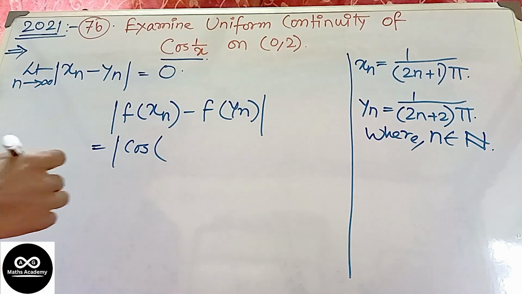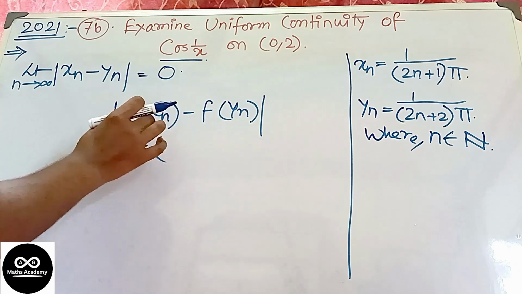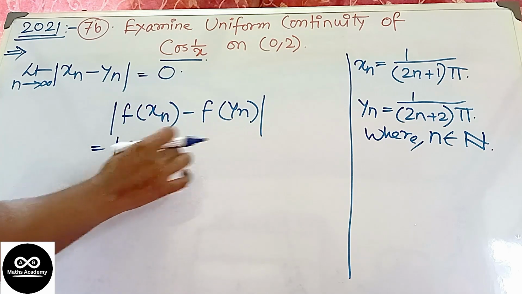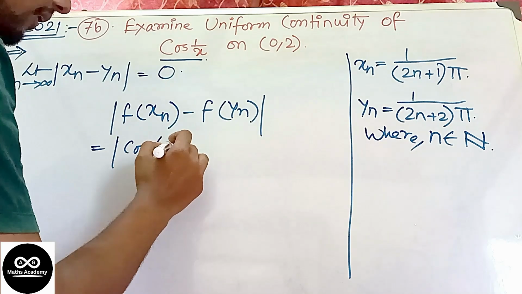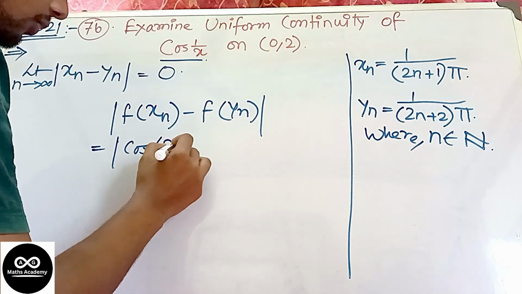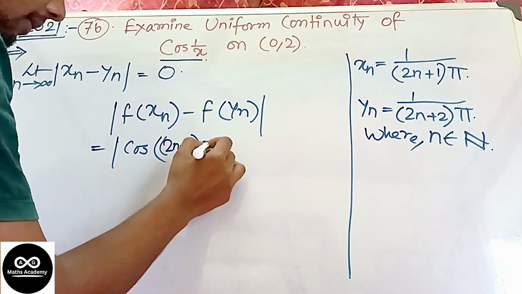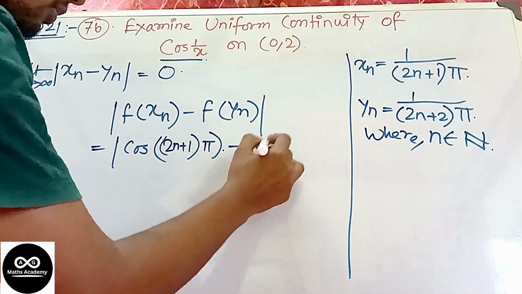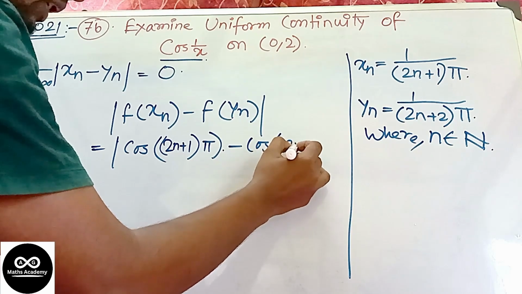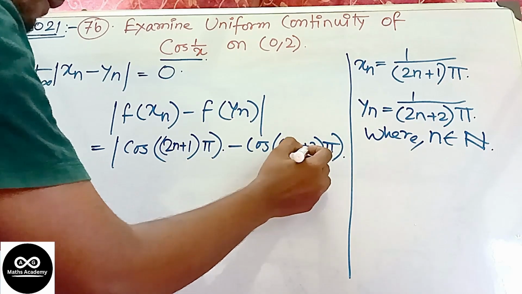Now what do we get? f(x) is cos(1/x). So f(xn) will be cos((2n+1)pi), and f(yn) will be cos((2n+2)pi).